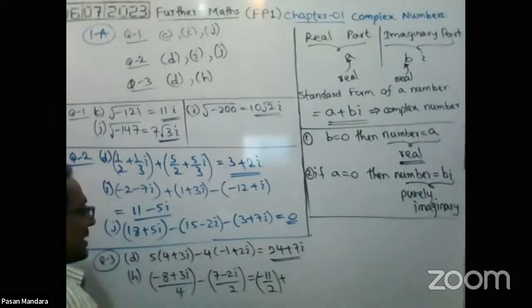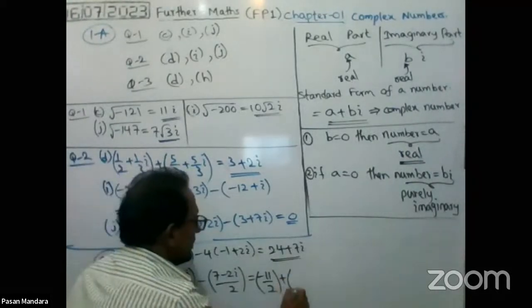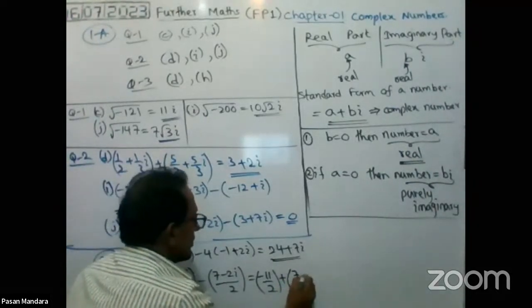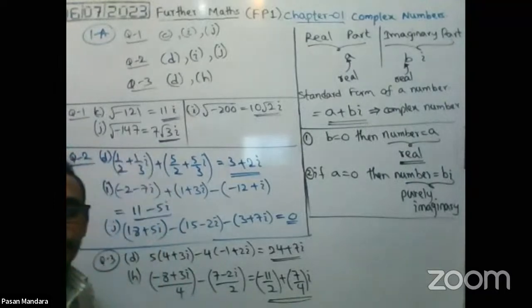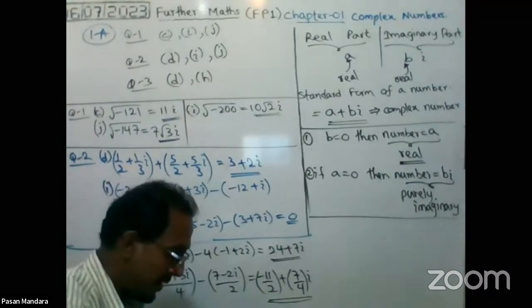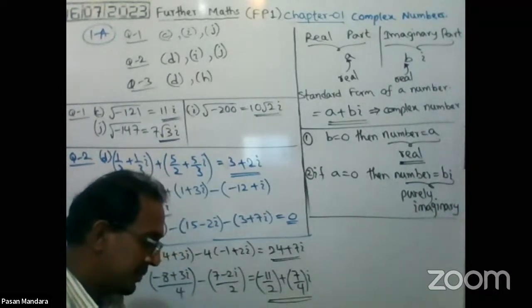Plus 4 plus 3 plus 7. 7 over 4. Answers matching or different? Same. Okay, good.